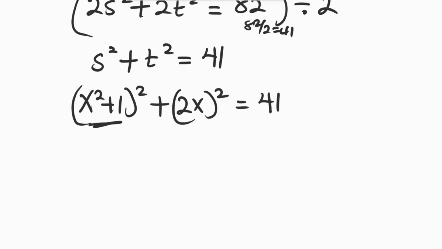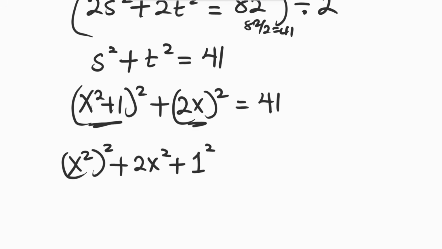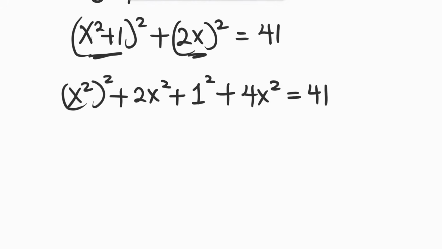If we open up the parentheses, we have (x^2)^2 + 2x^2 + 1^2 + 4x^2 = 41.